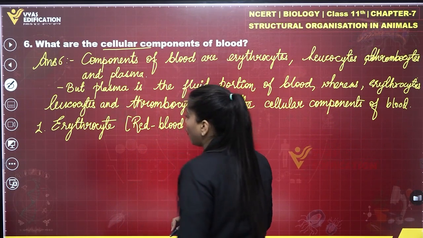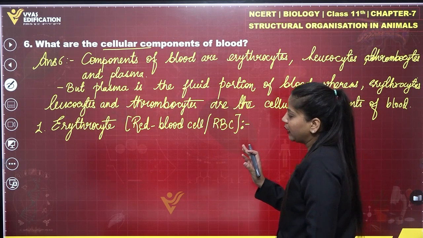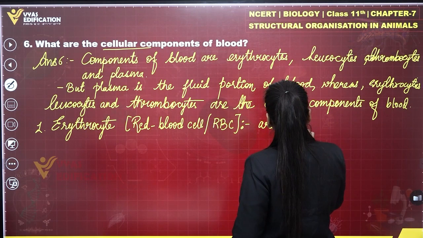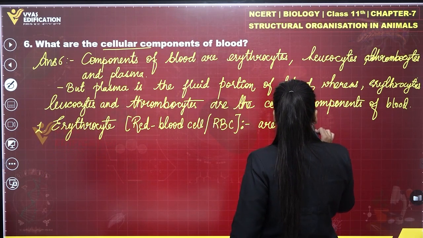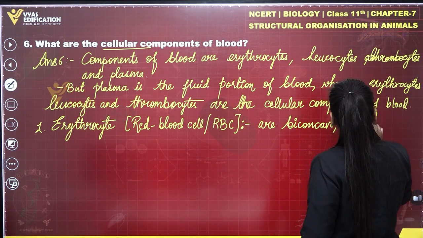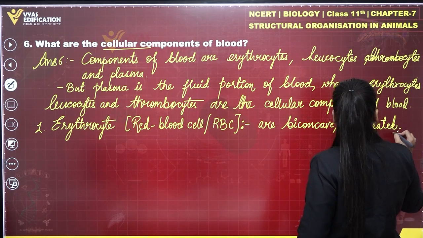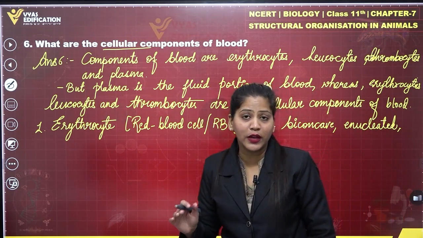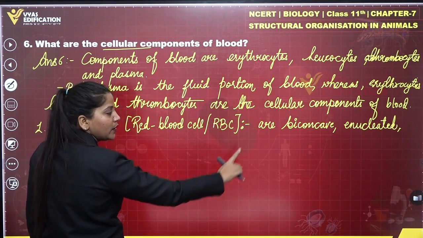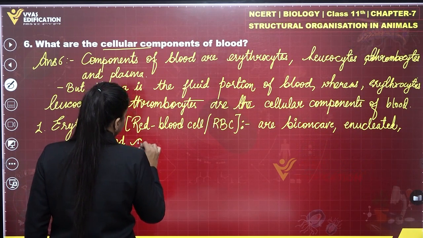Now if we talk about what these erythrocytes are, first of all we'll write that erythrocytes are biconcave, enucleated, that means there is no nucleus present in them, and they are colored cells.